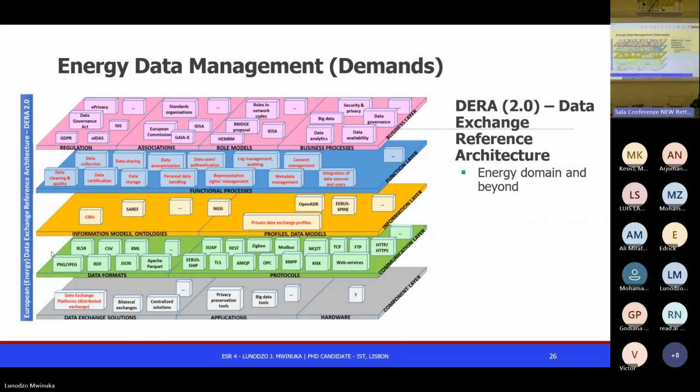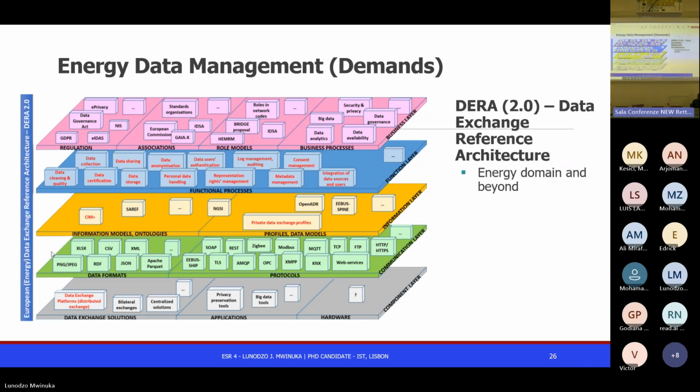I mean, each connected component should be able to read or write the data from the system. This mostly you cannot get from client-server architecture, because the client always has to request for services, but not bilateral data exchange. But if you go to the communication layer, there is a huge insistence on the predefined data format, let's say, or the protocols that you are sharing the data.